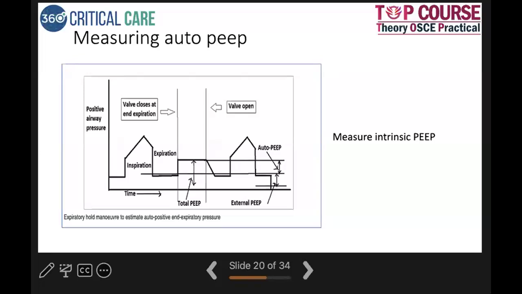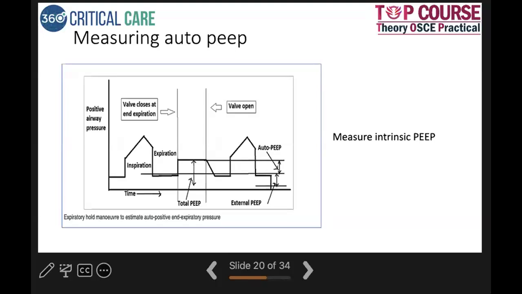In such cases, you can keep external PEEP higher. But in a passively ventilated patient, in a sedated patient, mechanically ventilated patients who are sedated, paralyzed, you can keep zero PEEP, which will reduce the expiratory resistance so that the expiration happens a bit more easily compared to a higher external PEEP.